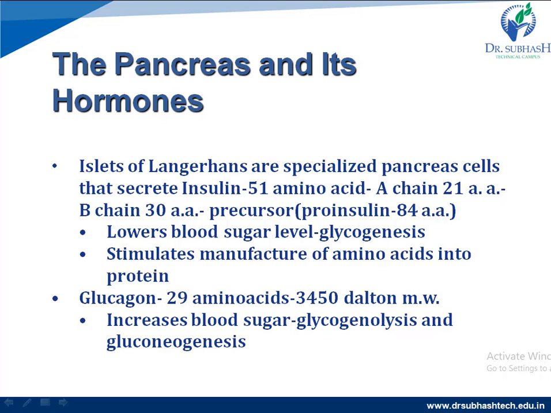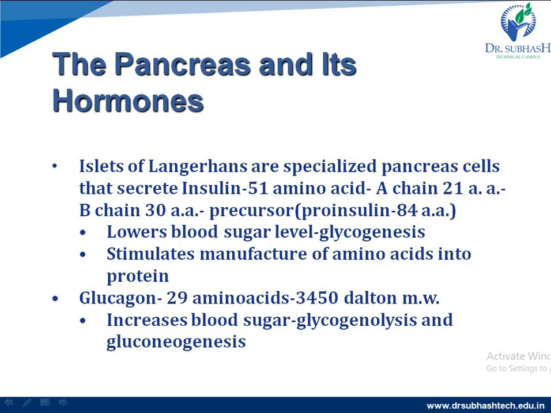It forms glycogen in the liver, so that the free sugar available in the blood, which may come from the food material, is transported to the liver, and over there glycogen is formed and stored for future use.